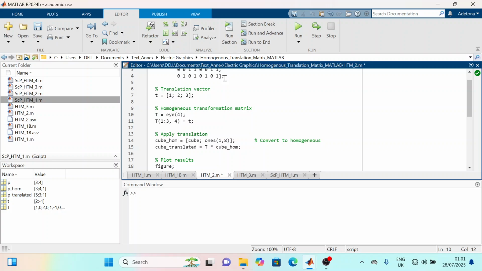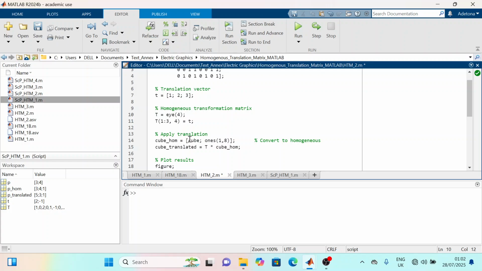For us to be able to carry out matrix multiplication, this cube matrix must be a 4 by 8 matrix. To make it 4 by 8, there is need for us to create an additional row. That row will contain ones, and we call this one cube homogeneous. We make it aligned with the transformation matrix that we have formed here.